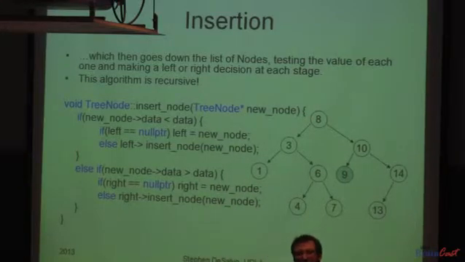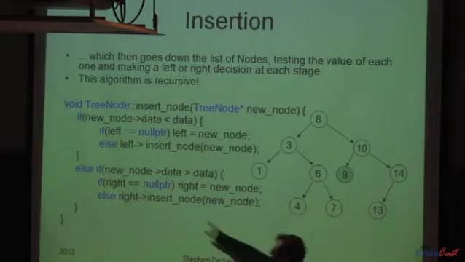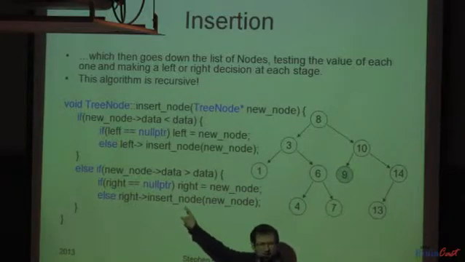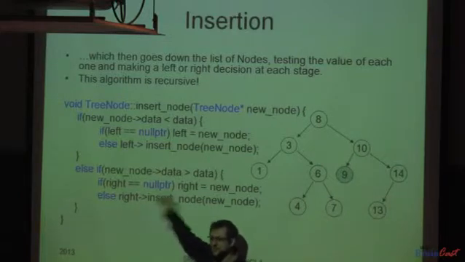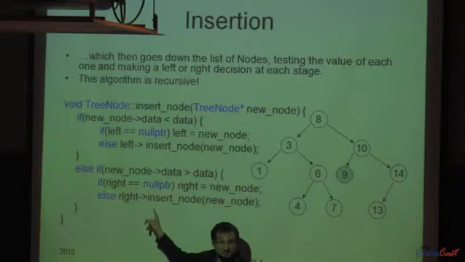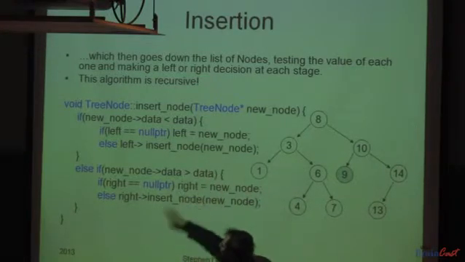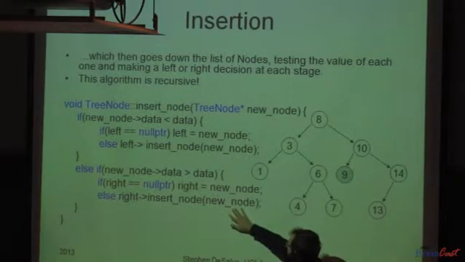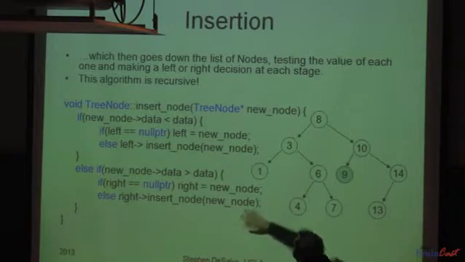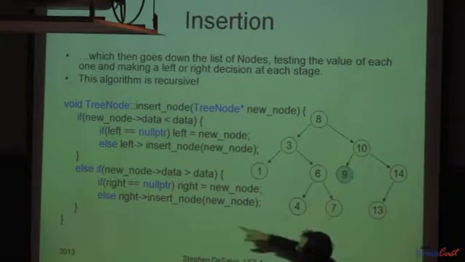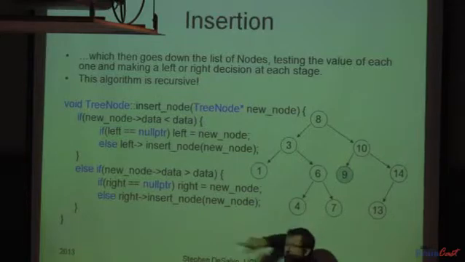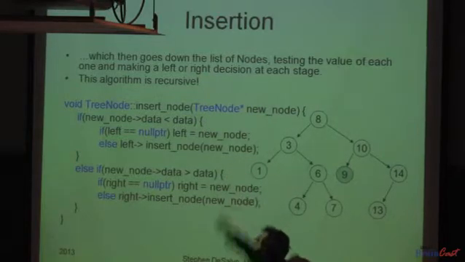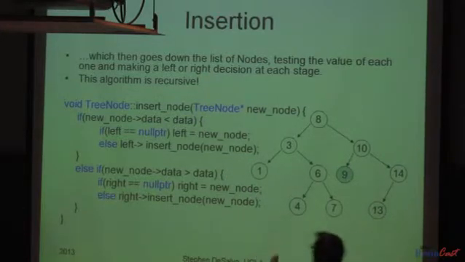This is not exactly recursive because we're technically calling a different insert node. We're calling the same set of instructions, but the node calling it is different than the node in the previous function call. Here the 8 node is calling this function. What we're saying is, before you finish off the 8 node, go to the 10 node, and the 10 node is going to call its own version of insert node. When we go into the 10, we start from the top and ask, is the 9 less than the 10?